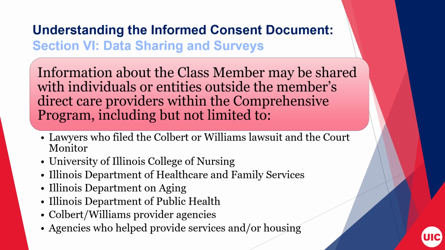Some of the organizations included in this scope are the Consent Decree Plaintiffs and Court Monitor, the UIC College of Nursing, Illinois Department of Health Care and Family Services, the Department on Aging, the Department of Public Health, other comprehensive program providers, and housing locator and service agencies. Prime should document that the member understands all the different entities that collaborate and review their information as part of the CCMTP process. Prime should also document that class members understand that they can rescind their informed consent at any time.